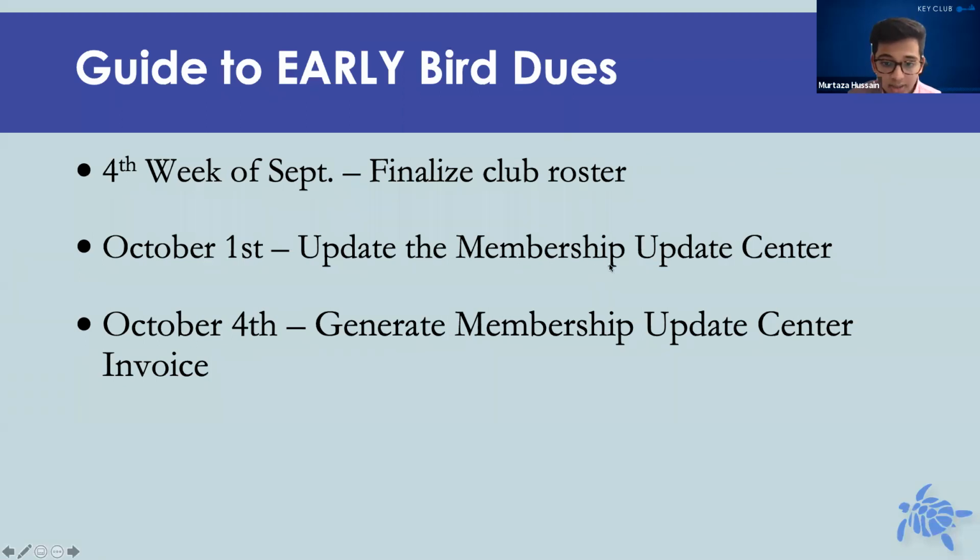So you want to update the Membership Update Center by inputting your existing members and new members. And by October 4th, it'll be a great rule of thumb to generate the Membership Update Center invoice that you will pay to international. In terms of payment and how to access the Membership Update Center, that will be detailed later on in this presentation, as I elaborated before.